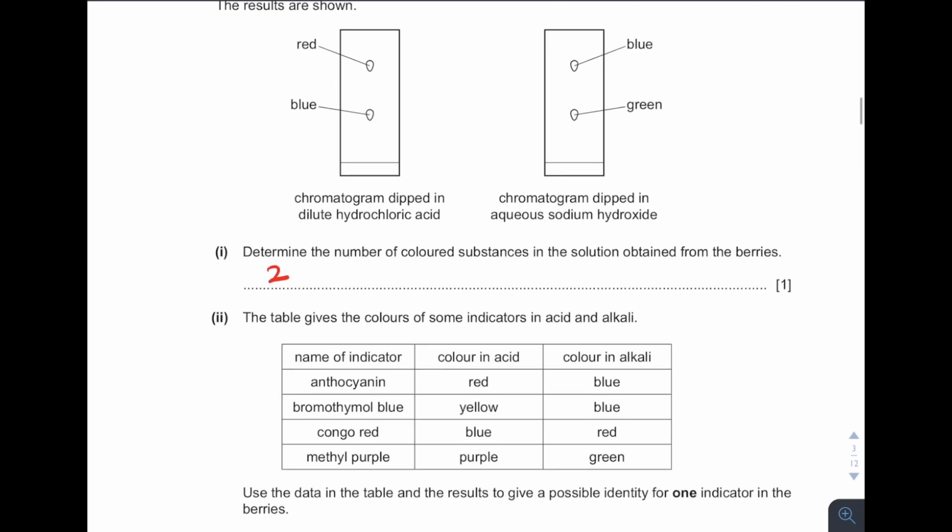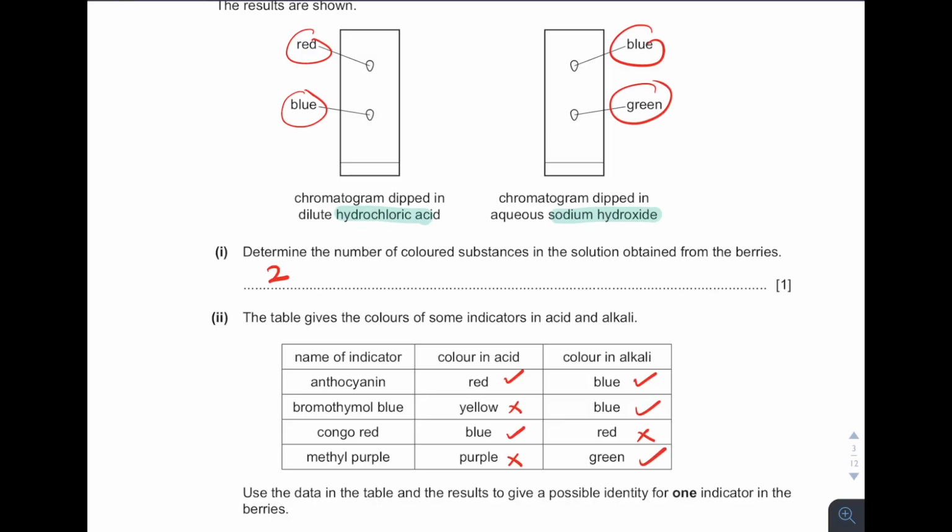Then use the data in the table and the result to give possible identities for one of the indicators in the berries. So we have to refer back to the result, in acid and in sodium hydroxide. In acid it could be red and blue: red yes, yellow no, blue yes, purple no. In alkaline, it can be blue or green: blue yes, red no, green yes.